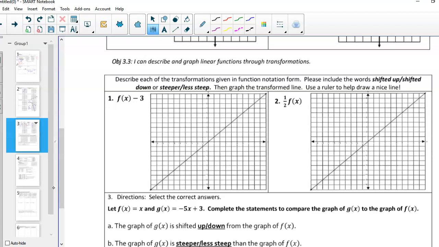It was shifted down 3. You can put 3 if you would like. So that means I'm going to take the entire function and move it down 3. Wherever this function was, I'm going to move each point down 3.